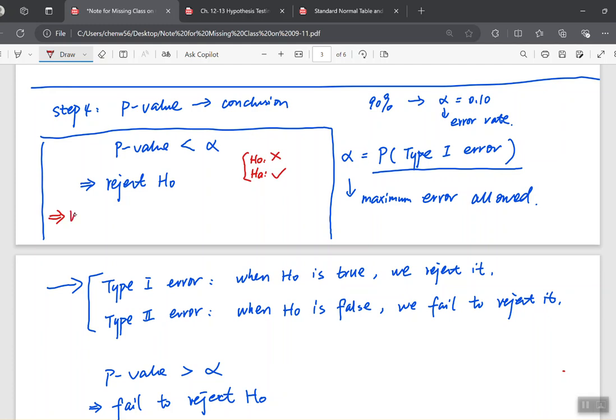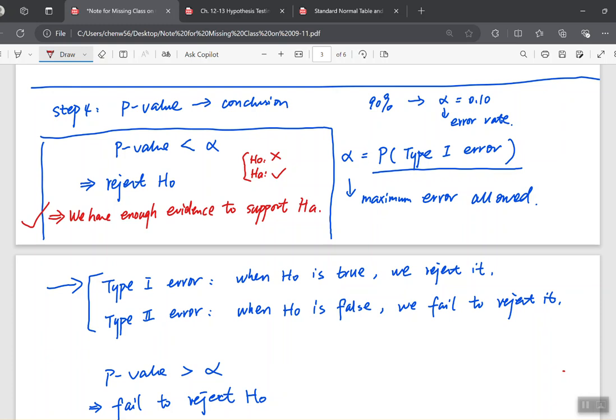We say we have enough or sufficient evidence to support our alternative hypothesis. This is our true conclusion.